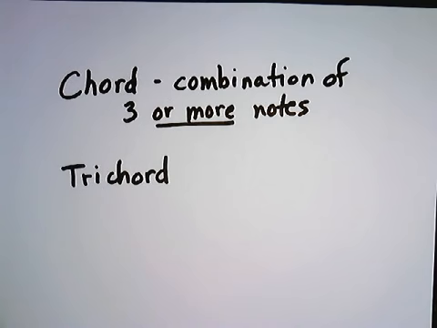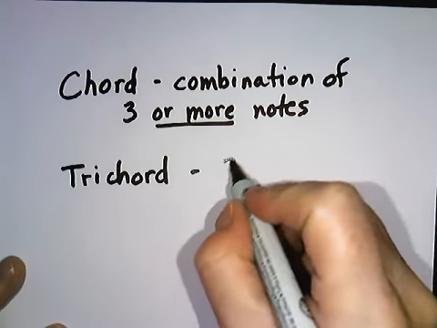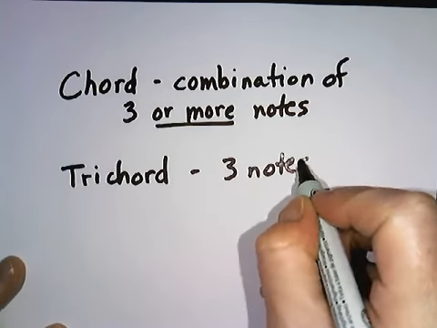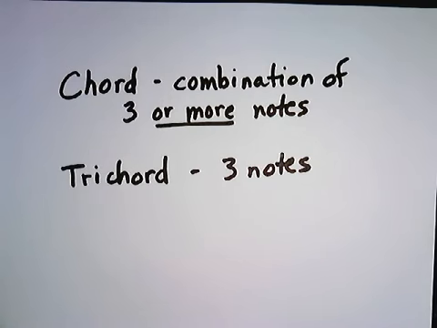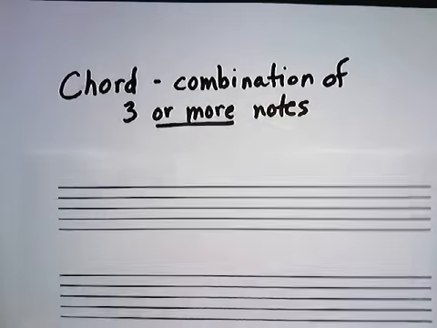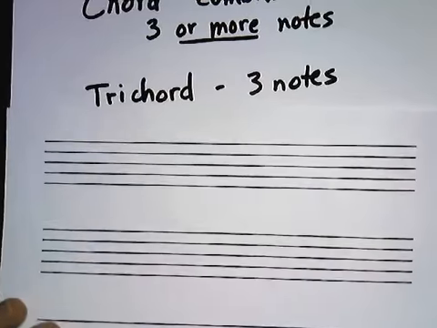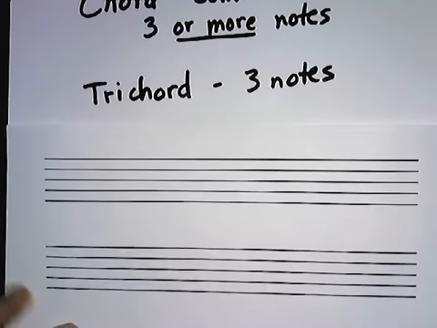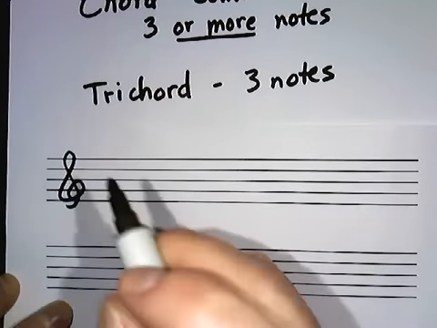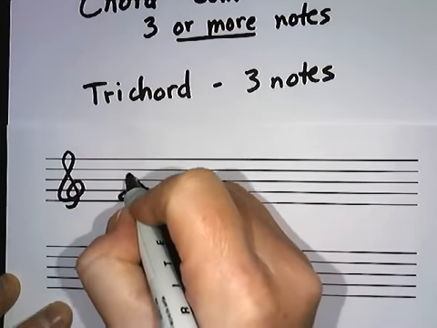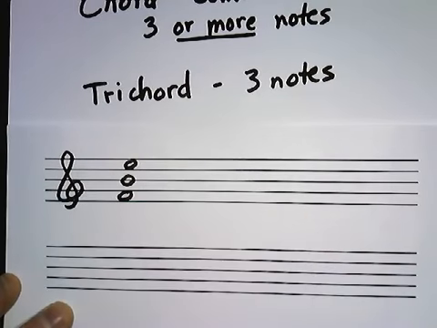Now, here's the interesting part about a trichord. A trichord can be built in any combination of notes. So let's say three notes, but now let me put some staff paper here, and I'll show you how I mean that it can be any combination. So let me just draw a clef, and I'm going to stack three notes together.